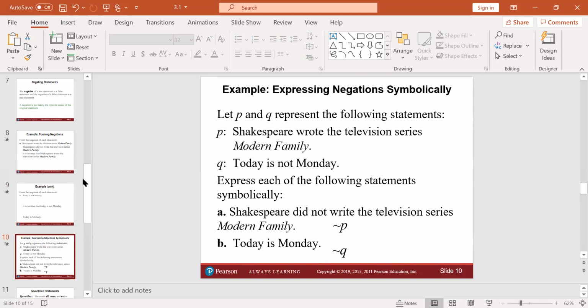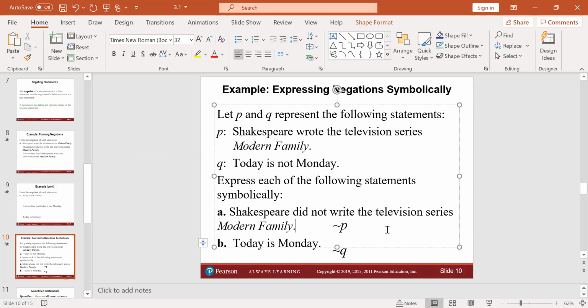Whenever we want to take the negation of a statement and we want to express it concisely, we just use a tilde in front of the letter itself. So a tilde, you hit shift and then you hit the button that's above the tab on the very far left of the numbers. That's where it is, at least on mine.